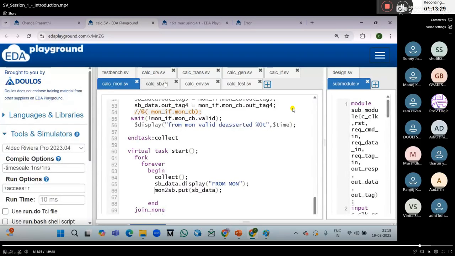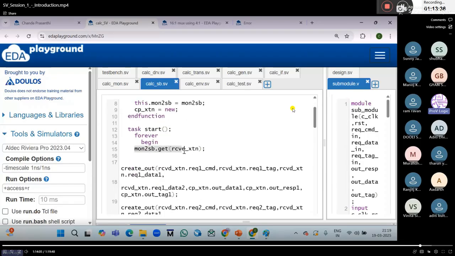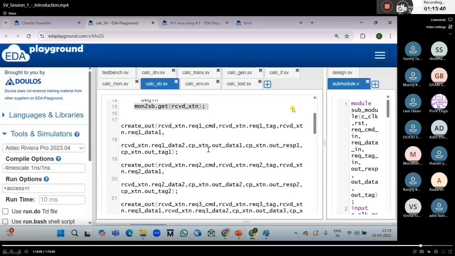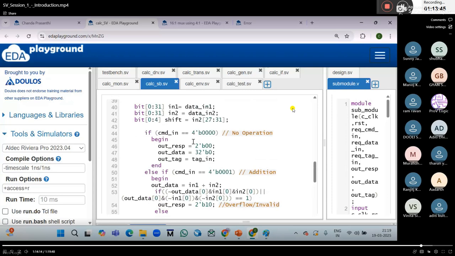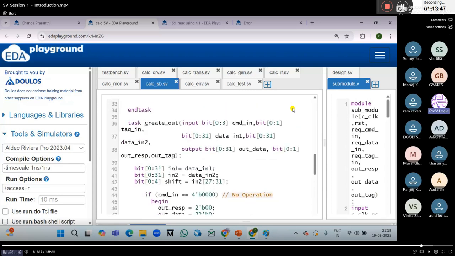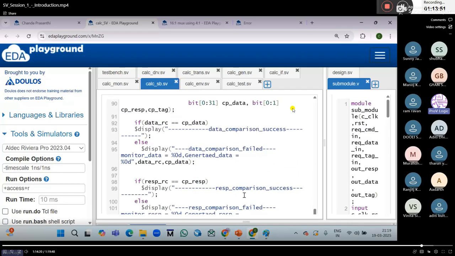Next, scoreboard. The scoreboard is also the same, getting the data from the mailbox, line 15. Next, comparison. Here I have copied this whole design program, but mostly we write the comparison logic very simply.